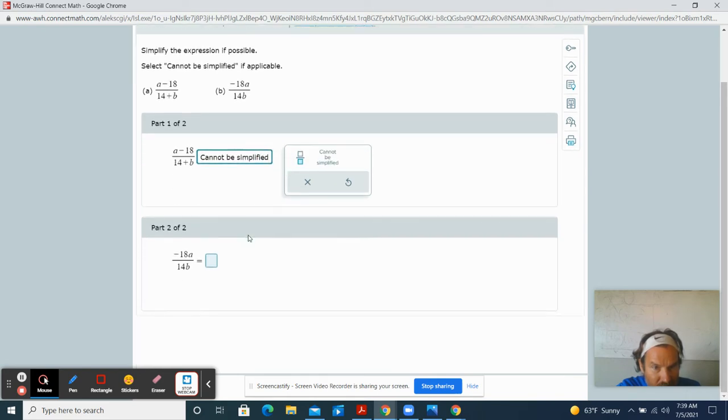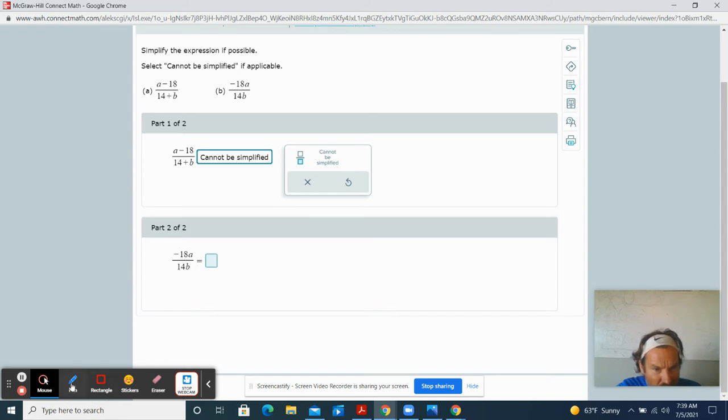However, in part 2, they give you the problem without the minus and the plus, and this is a multiplication problem. And this one here, we could go ahead and cancel. Now the 18 and the 14, they have common numbers that go into them, just kind of like if you simplify fractions. Number that goes into 18 and 14 is 2.